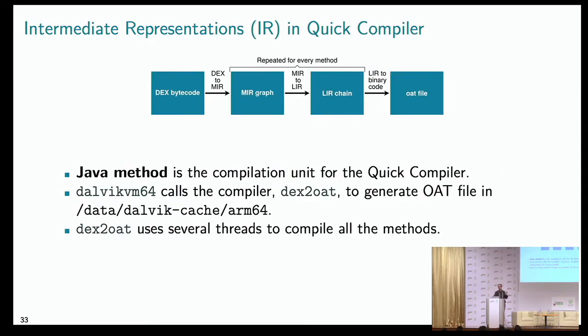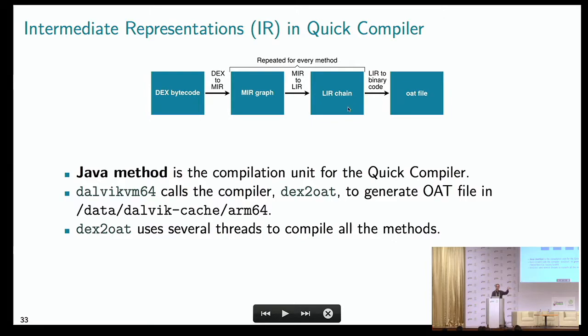So now I will go through the internal organization of the compiler and describe the internal representation used by the compiler. You see that we are starting from the Dalvik bytecode, which is the instruction we saw at the beginning. We will describe this later. The final output is the oat files, which we said are special types of ELF files.